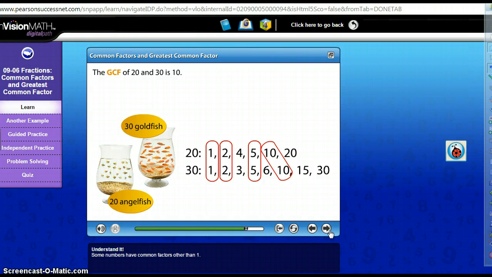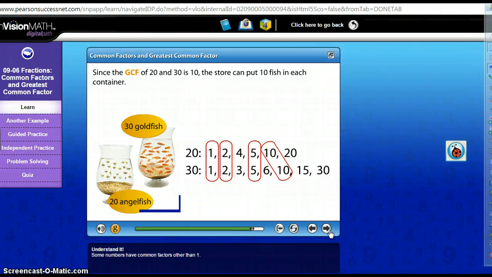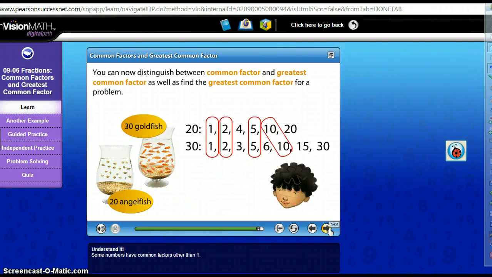The greatest common factor of 20 and 30 is 10. Since the greatest common factor of 20 and 30 is 10, the store can put 10 fish in each container. You can now distinguish between common factor and greatest common factor, as well as find the greatest common factor for a problem.